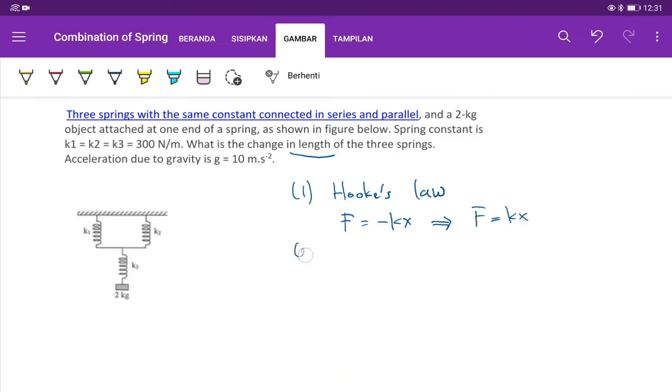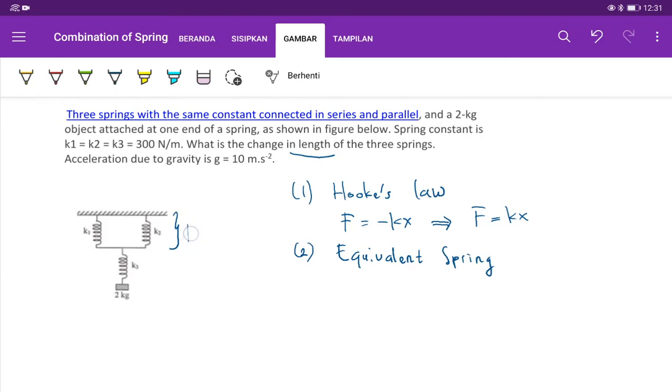The second step, we need to find the equivalent spring. To find the equivalent spring, we need to evaluate one by one.